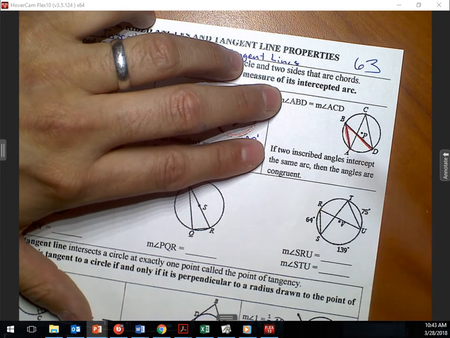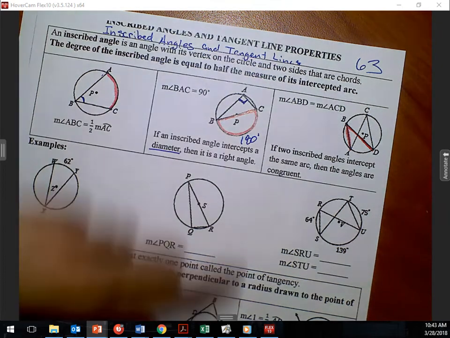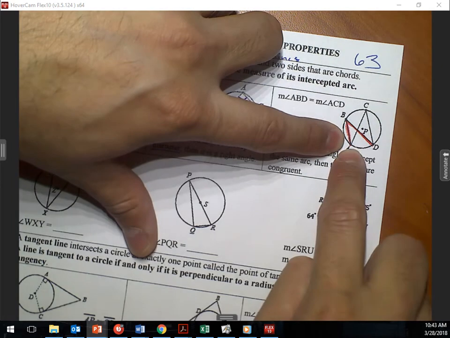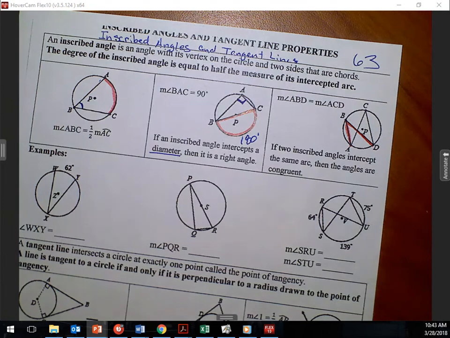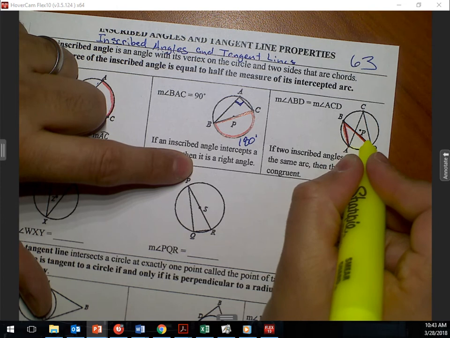What is the arc that goes with that angle? AD, right? Remember, it's the endpoints. I had a highlighter here just for this, and I put it in the drawer. So this is the arc to go along with that angle.